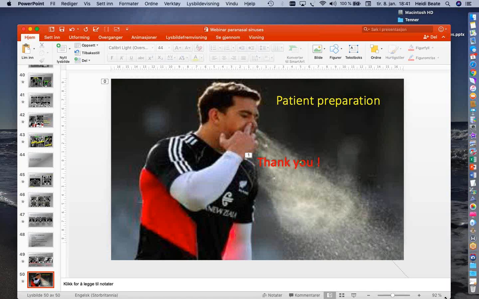Then we have a question from Dr. O'Hare. Could you please clarify the difference between retracted posterior fontanelle, silent sinus, and hypoplastic sinus? Okay, we start with hypoplastic sinus. The bottom of the maxillary sinus is then above the hard palate, and the sinus is round, not retracted as in silent sinusitis.